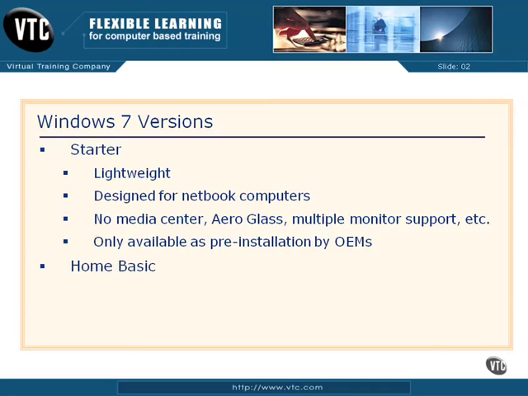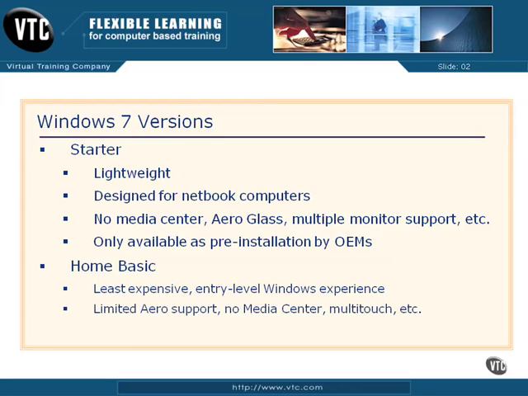Okay, next up is Home Basic. Now Home Basic is what Microsoft calls the least expensive entry-level Windows experience. Sounds really good, but you've got limited Aero support. Again, not the full-blown effects package here. No Media Center again.